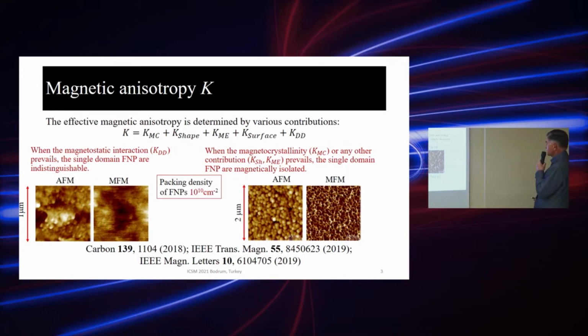But here is the same packing density, and we were able to grow an array of carbon nanotubes, each of them containing only one nanoparticle. So it's chemical vapor deposition, but not from a floating catalyst, but from a fixed catalyst on the substrate. In this case, the strain was increased, and the MFM image showed us that we deal with magnetically isolated nanoparticles.